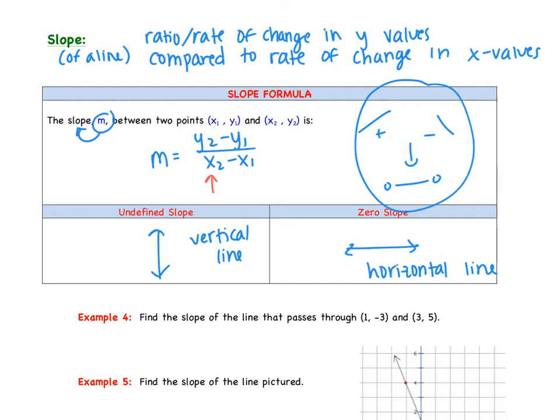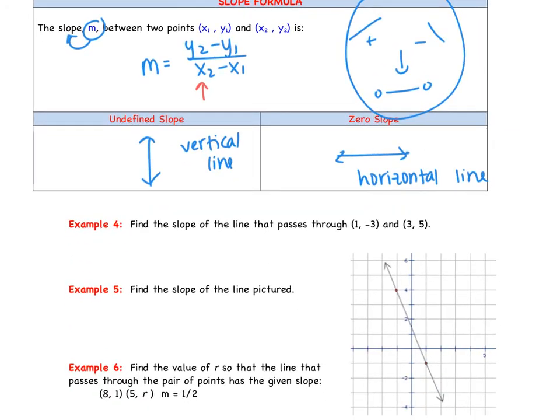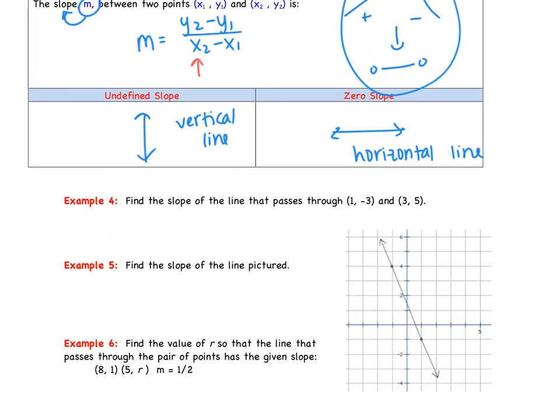Okay, so we just have a few more examples. Example 4, find the slope of the line that passes through (1, -3) and (3, 5). So I'm going to start with the formula that we wrote above. This first point is x1 and y1.